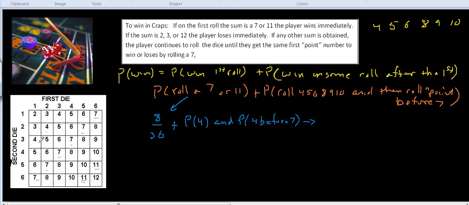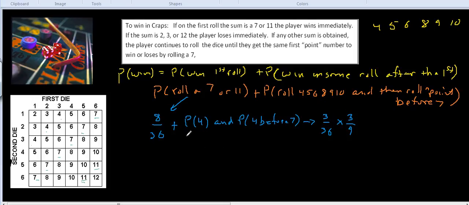Well, there's 1, 2, 3, so that would be 3 out of 36. And then the probability of getting 4 before 7: we just keep on rolling until either 4 or 7 comes up. So our sample space is essentially the 6 sevens and the 3 fours, so that would be out of 9. And since we only have 3 fours, it would be 3 ninths. And since they're independent events, we would just multiply those for that part here.